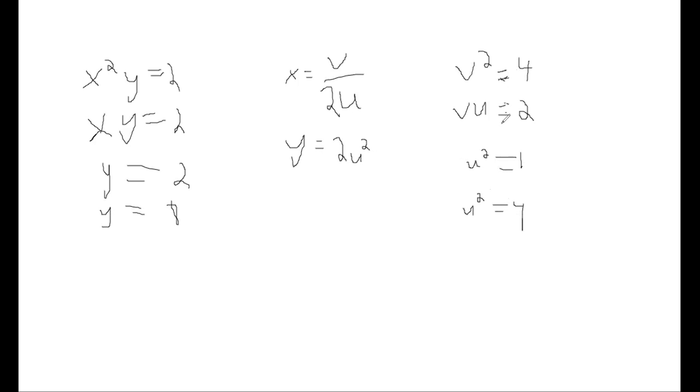So what we might notice here is that these have a whole bunch of interesting issues. So u squared equals 1 and u squared equals 4. Obviously, these are going to be my boundaries for u. But do I want to go from -4 to... or do I want to go from -2 to -1? Do I want to go from 1 to 2? Do I want to go from -2 to 1?